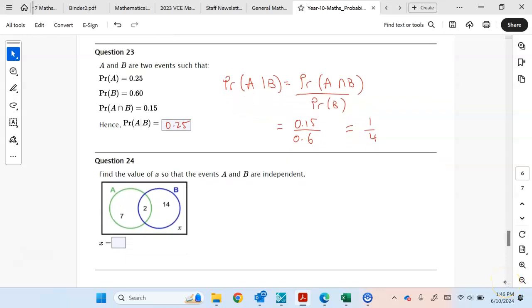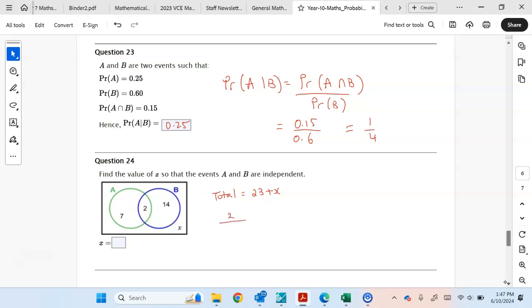Find the value of x so that the events A and B are independent. The total is 7 plus 2, which is 9, plus 14, which is 23. So the total is equal to 23 plus x. If they're independent, we use that formula from above.